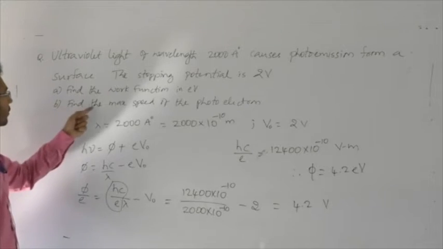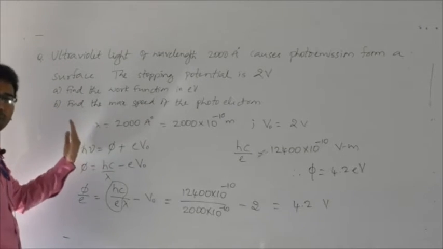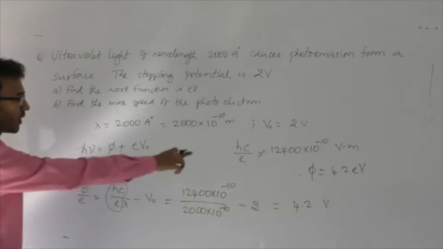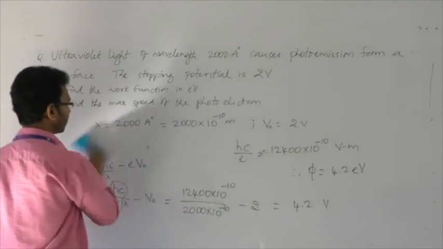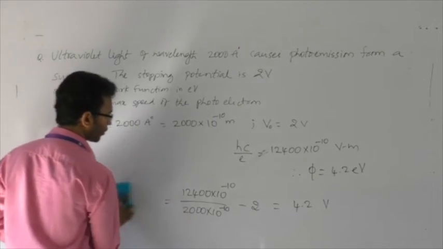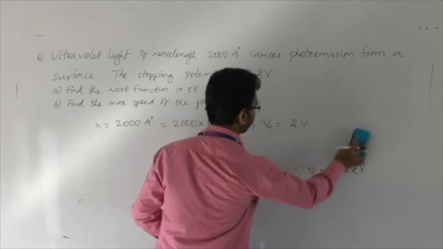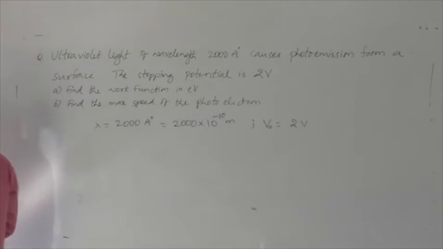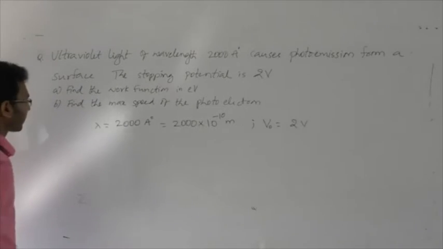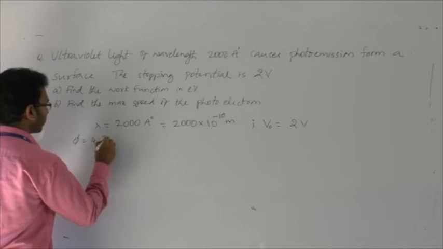Then second, find the maximum speed of the photoelectron. Again, just like the previous method, we have phi equals 4.2 electron volts.